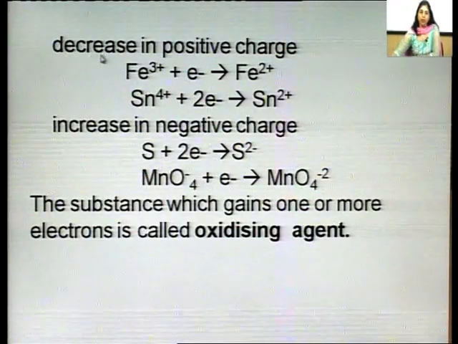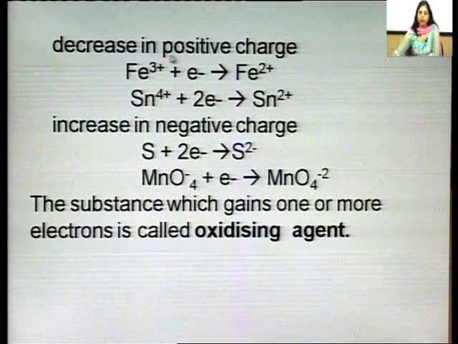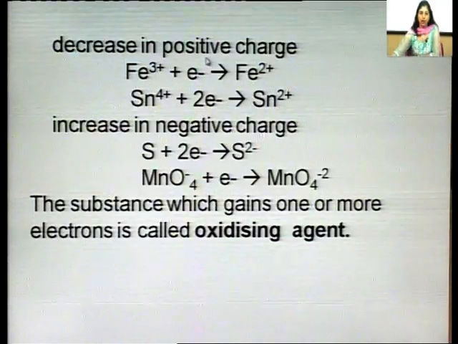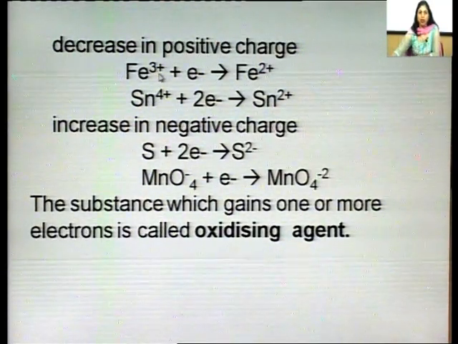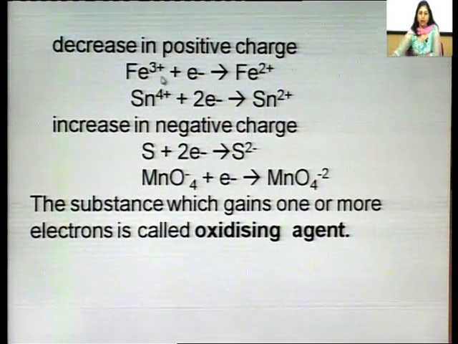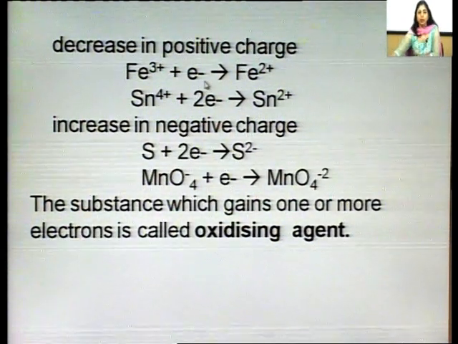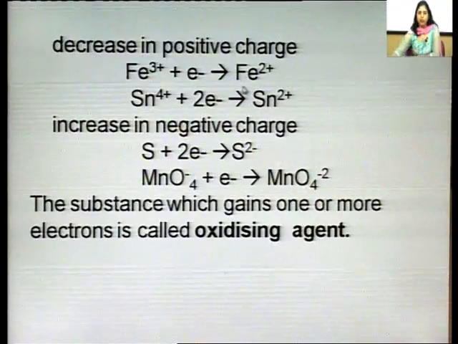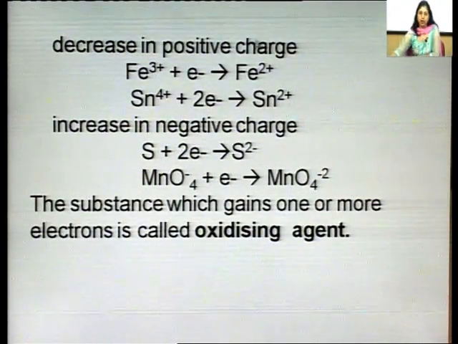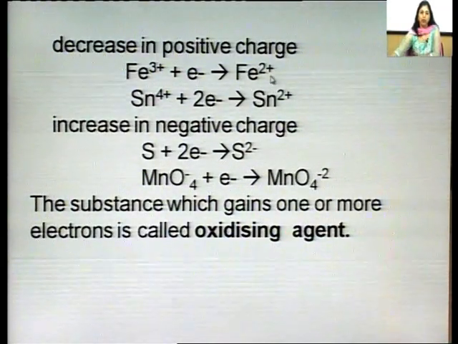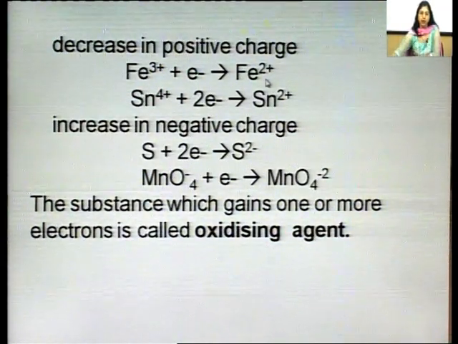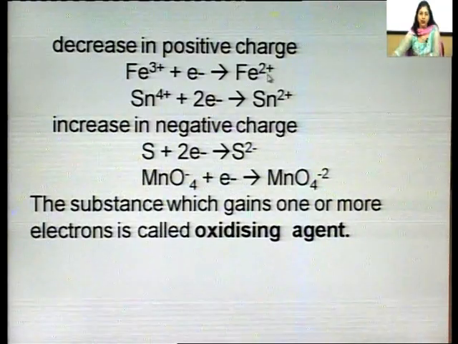First, examples where there is decrease in positive charge. For example, when ferric ion having 3 positive charge gains 1 electron, after this reduction it acquires +2 charge, means the positive charge has been decreased after the gain of 1 electron.